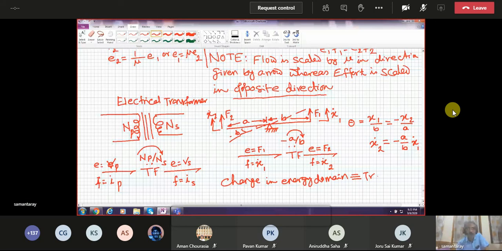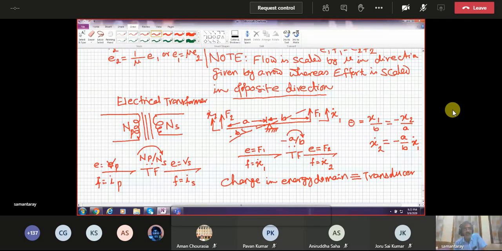Actually, this lever is working because we are converting mechanical translation to a mechanical rotation, and this mechanical rotation is again converted to mechanical translation. So there is a change of energy domain. It's done twice, from mechanical translation to rotation, and again rotation to translation.